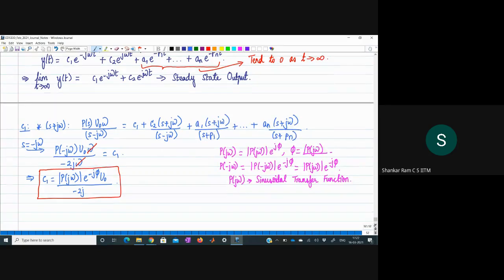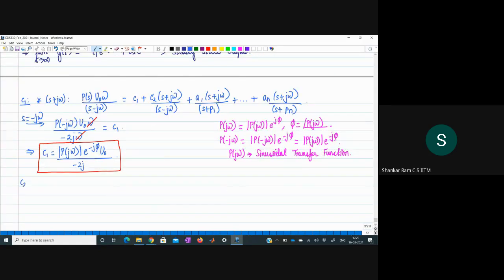So similarly, we can get C2, right? For C2, we multiply both sides by s minus j omega. So what do you think will happen? This will result in P of s u naught omega divided by s plus j omega in the denominator.